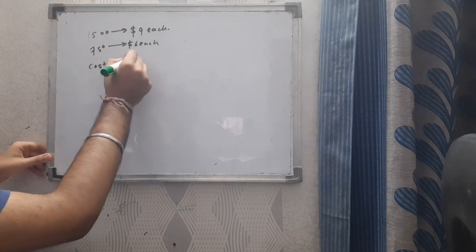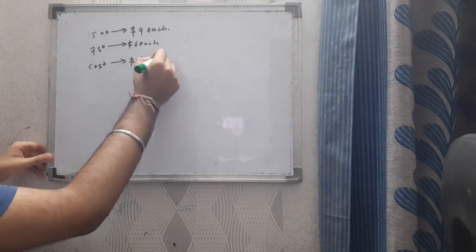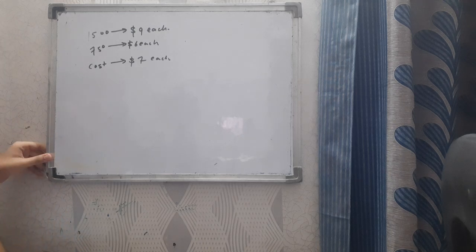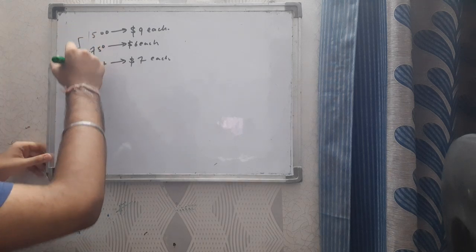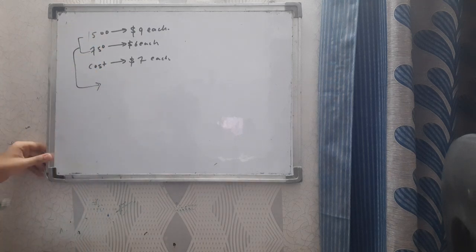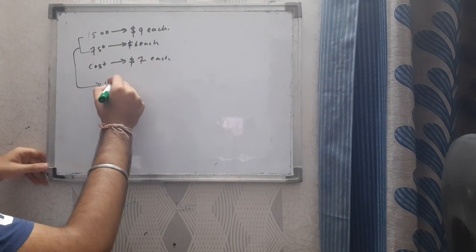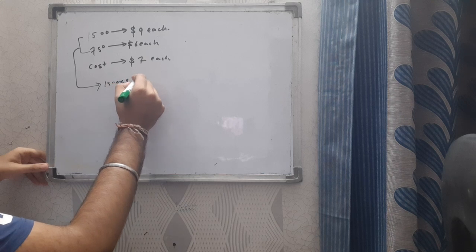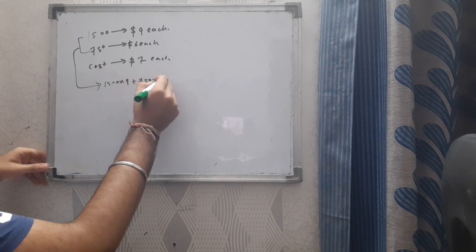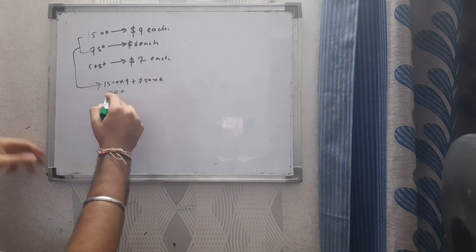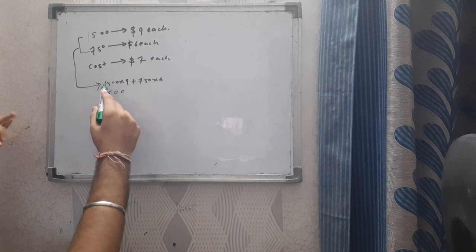So the company's cost is $7 each. Let us calculate the total money the company got by selling: 1500 into 9 plus 750 into 6.